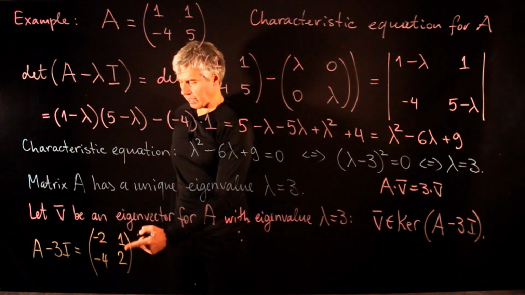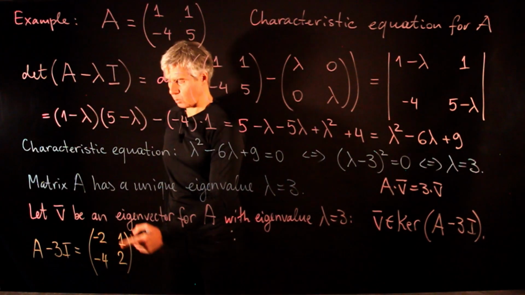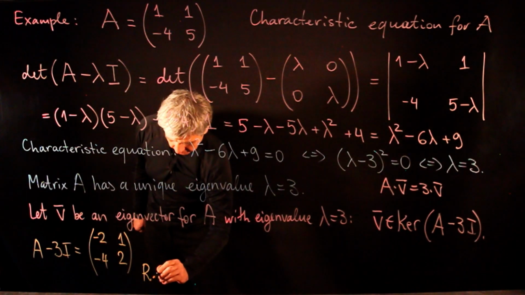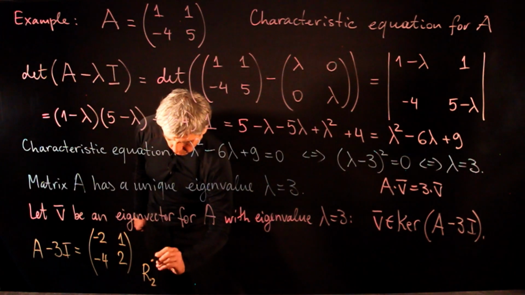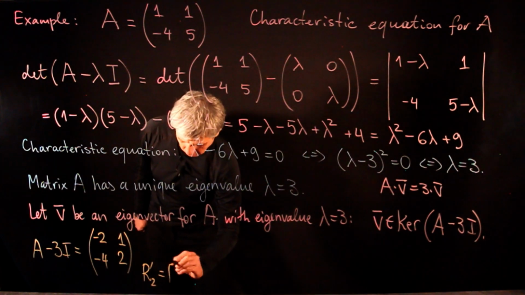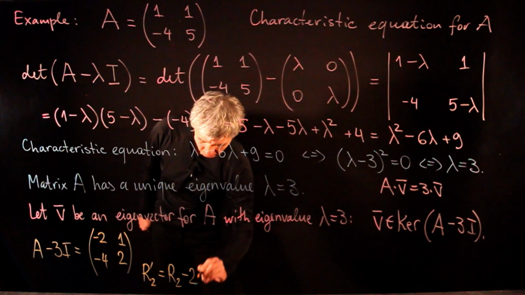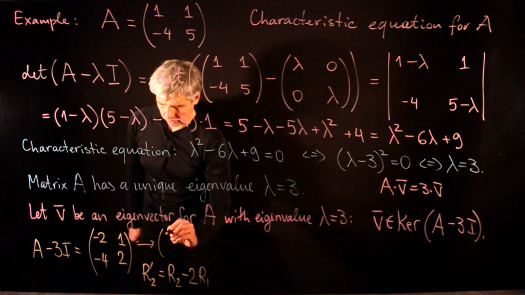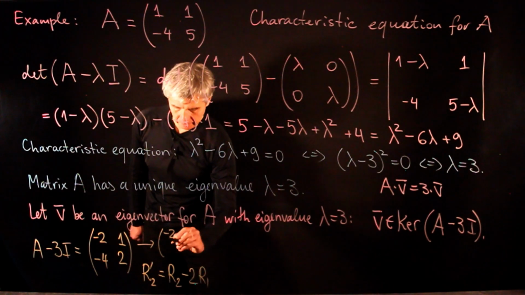So we see that here we have two proportional rows. So if we apply an elementary row operation, new row 2 is row 2 minus 2 times row 1, then the matrix that we obtain will be -2, 1, 0, 0.